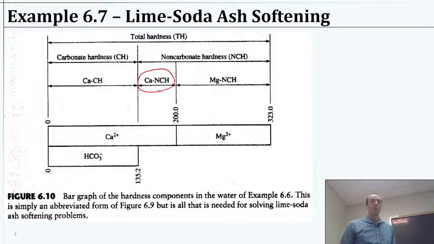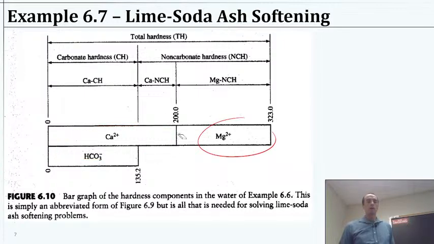So we've removed all of the bicarbonate by here. Then after that, we have magnesium non-carbonate hardness. Now, that's the case where we have carbonate hardness that does not meet all of the calcium. So we see that just all of the calcium here and all the magnesium here.